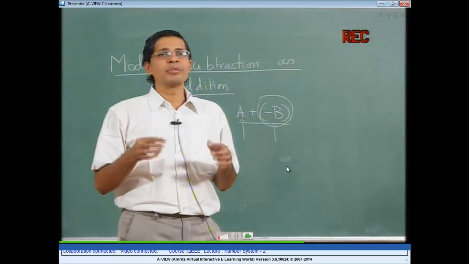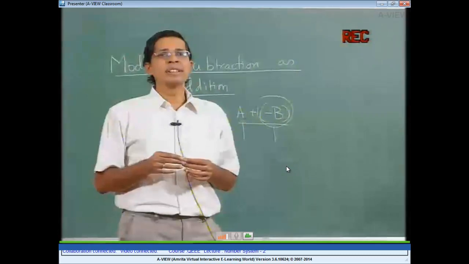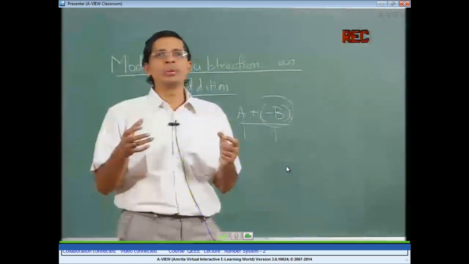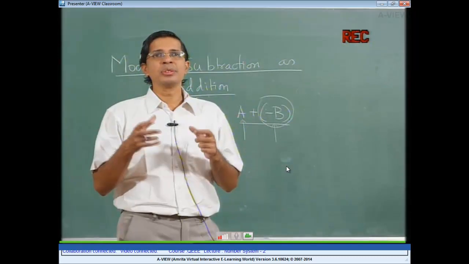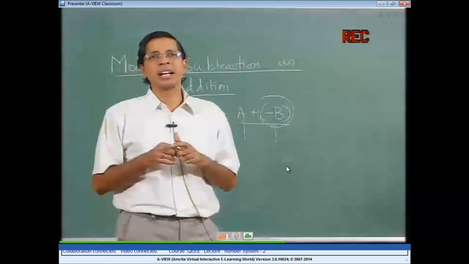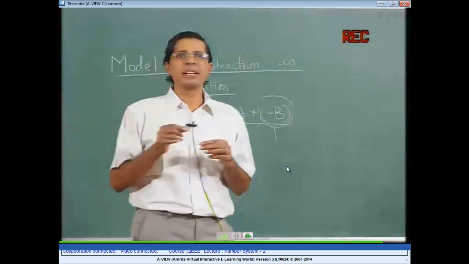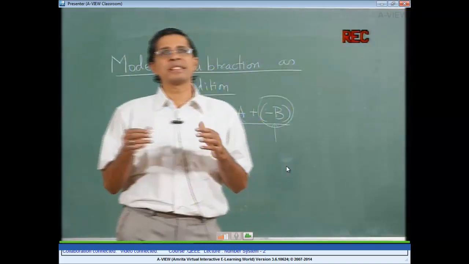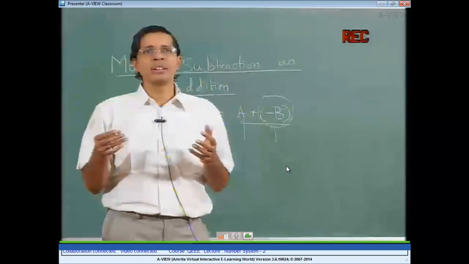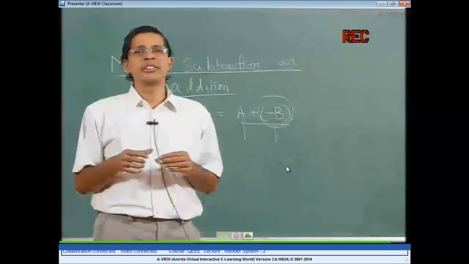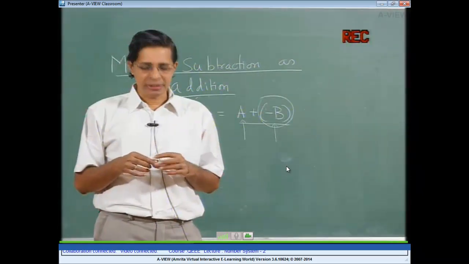So we should use an adder which is capable of adding two unsigned numbers and do signed arithmetic using that hardware. So this is what we will be covering today, what sort of representations of numbers we need to follow so that we can model this subtraction as an addition.